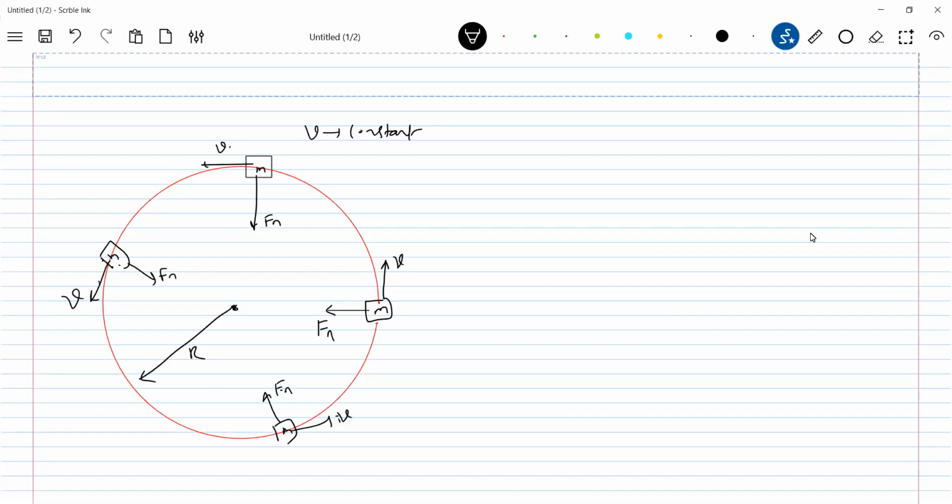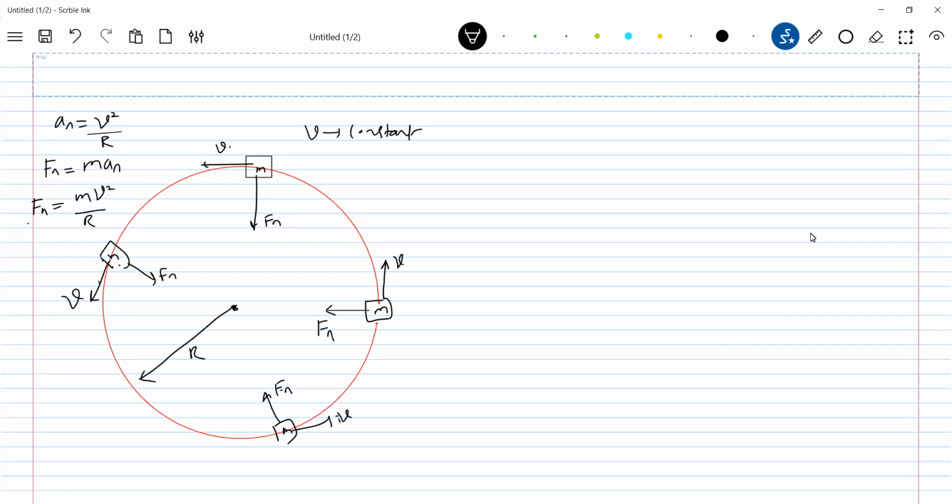Now, what is this Fn? We know what the normal acceleration is: a_n equal to v square by R. So what is this normal force? m into a_n, which is equal to mv square by R. Try to see this equation. This I'll call centripetal force.